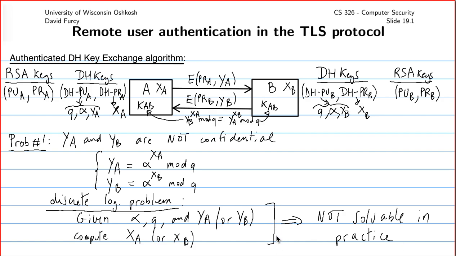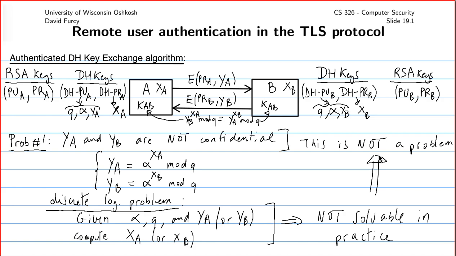And therefore, knowing y sub A and y sub B is not sufficient to break this cryptographic algorithm. So the bottom line is that this is not a problem. It's not an error in the design of this algorithm. This is actually a feature. It's not a problem because this discrete log problem is not solvable in practice.